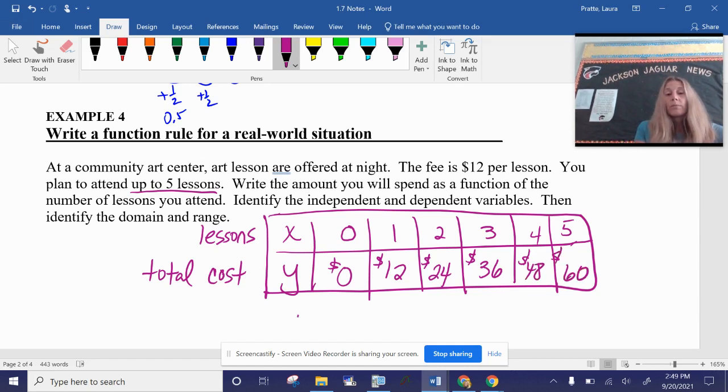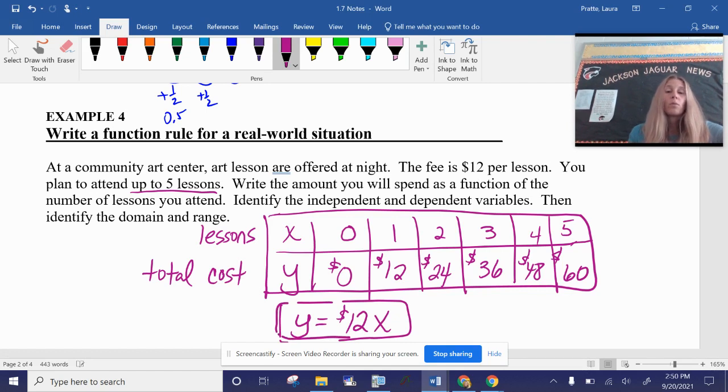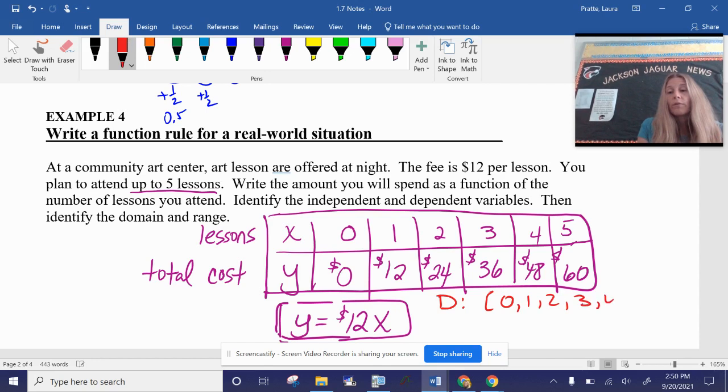So what was my equation? Notice as I figured that out, I was just multiplying each number of lessons by 12. So my rule here would be y equals 12x. Of course, my domain in this case is 0, 1, 2, 3, 4, and 5.